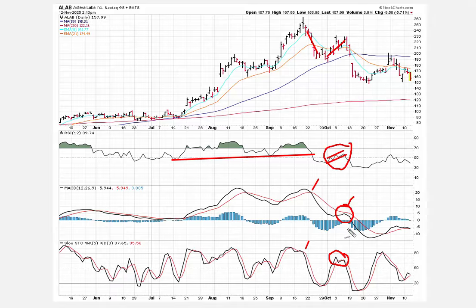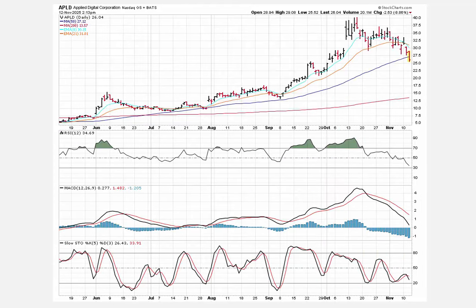The MACD comes up, kisses, and falls off, and the stochastic simply cycles up and goes back down, and then we headed south. When you see all this line up, you know this is the beginning of a mini downtrend, not a dip within an uptrend.